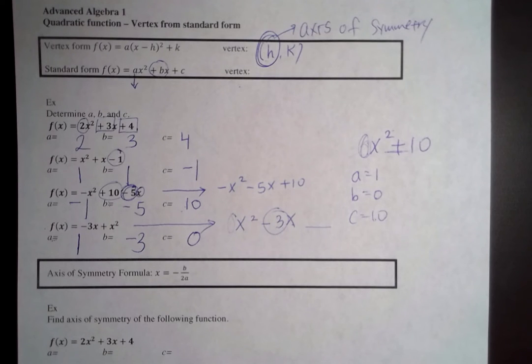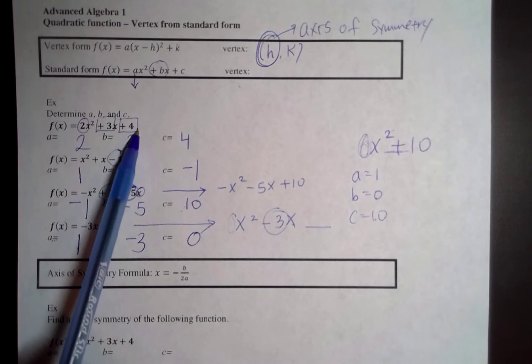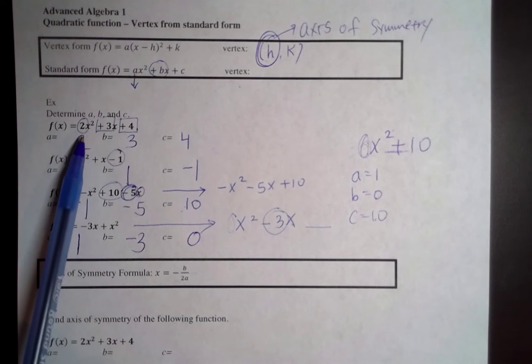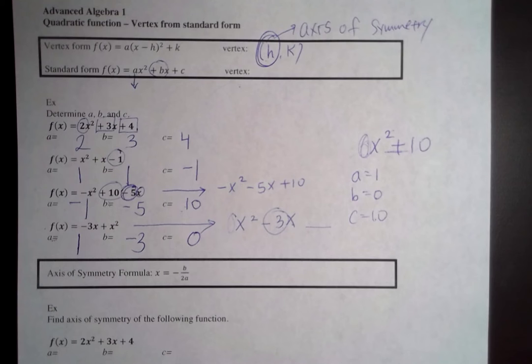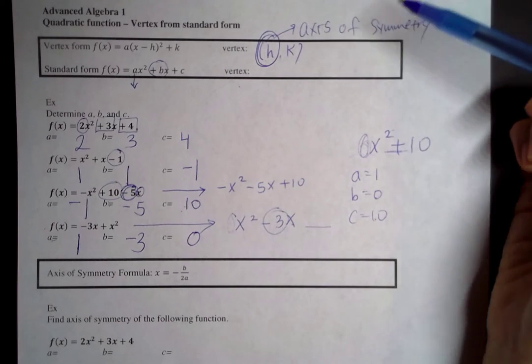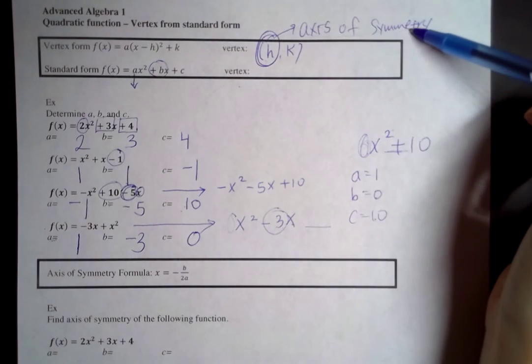Standard form has no parentheses. And I recommend that when you get a standard form that is not in order, then write it in order. That makes the question easier to solve. All right? So I told you today's goal is getting the axis of symmetry, right?